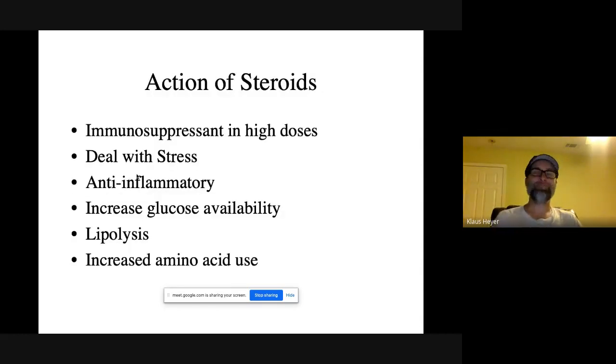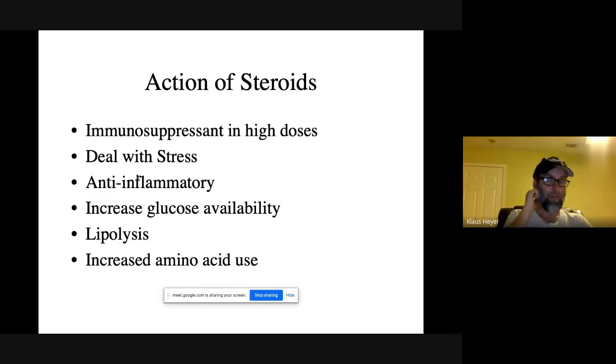This is what they do, right? In high doses, they're immunosuppressant. That doesn't mean your body is going to do that. But you could give steroids, like prednisone is a common steroid to get after certain operations or in certain cases with autoimmune diseases, because it suppresses the immune system in high doses. But let's talk about what it naturally does.